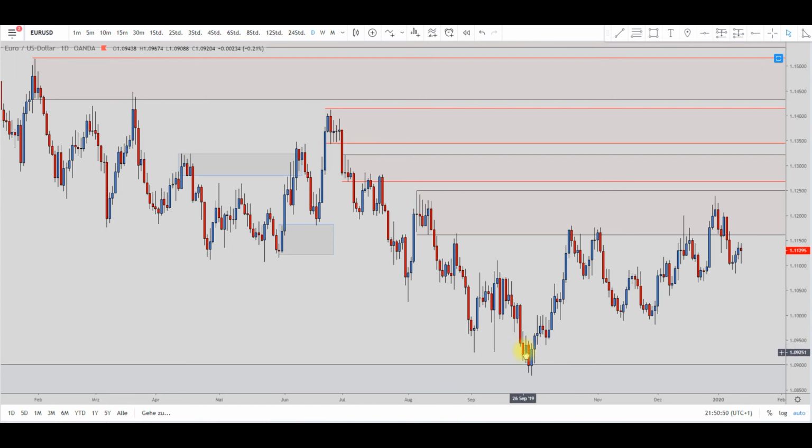This secondary supply was taken out, so we took out all this supply, so this is a level of demand.